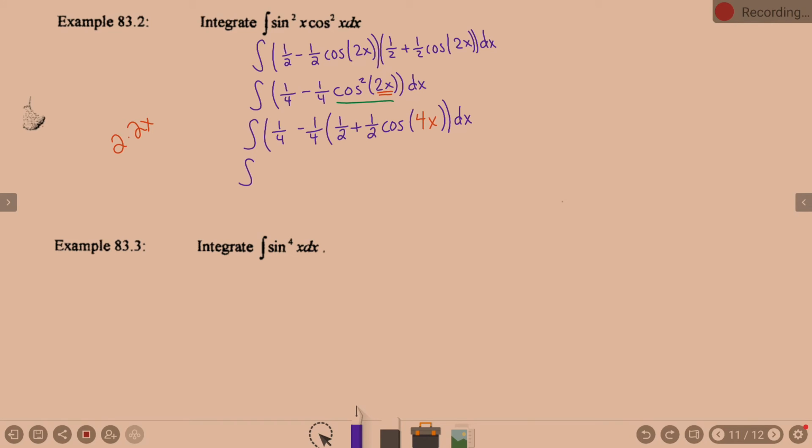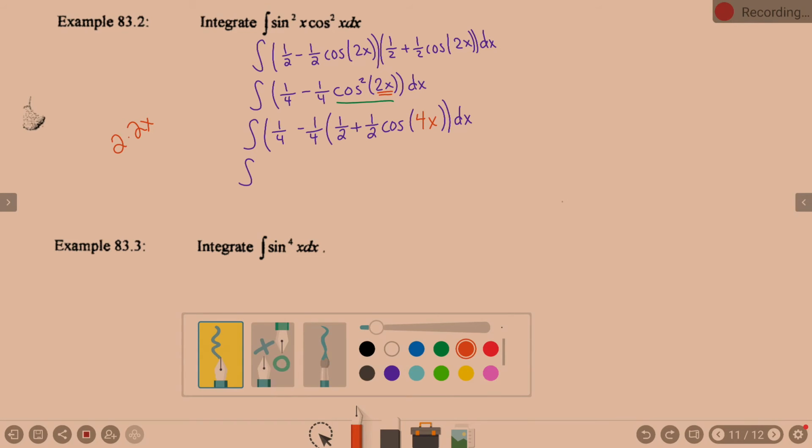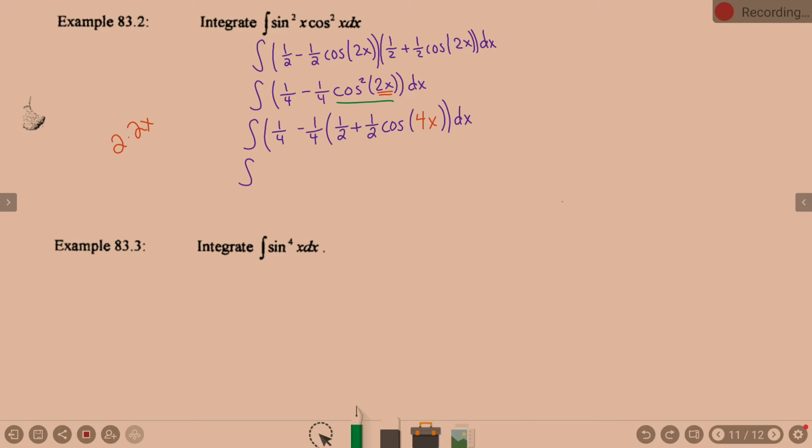Now we can split it in 2, right? In a moment, maybe. I wouldn't split it yet because this 1/4 here needs to distribute. Okay, it's distributing to the 1/2, and it's distributing to the 1/2 cosine 4x.